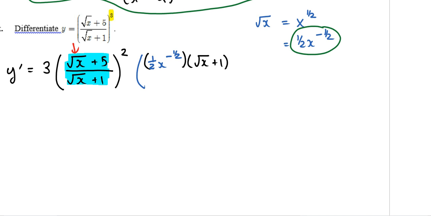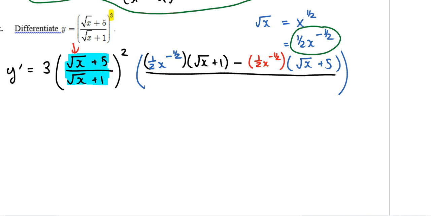The quotient rule says I need a minus sign next, and then the derivative of the denominator, which is also 1/2 x to the power of -1/2, times the numerator, which is the square root of x plus 5. Close that off with another bracket, all divided by the denominator squared, which is root x plus 1 all squared.